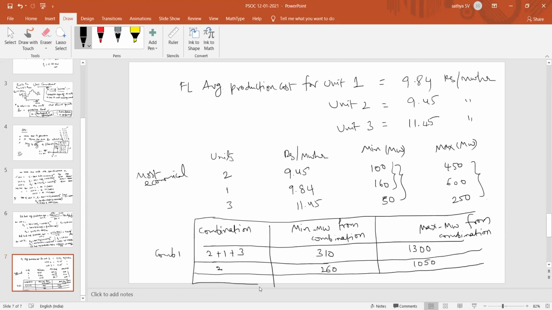Same, unit 2, followed by unit 1. If the minimum megawatt is 100 and maximum is 450, in another case we turn on only unit 2 and the remaining should be in shutdown mode. This is your scheme of schedule as per our priority list method for different combinations for various loads.